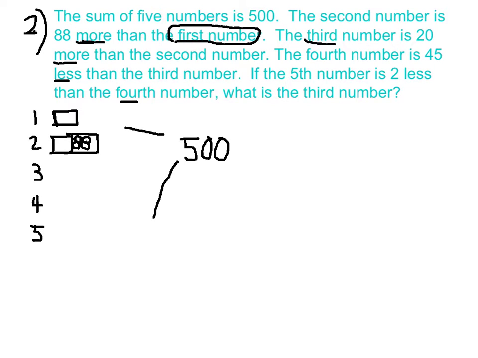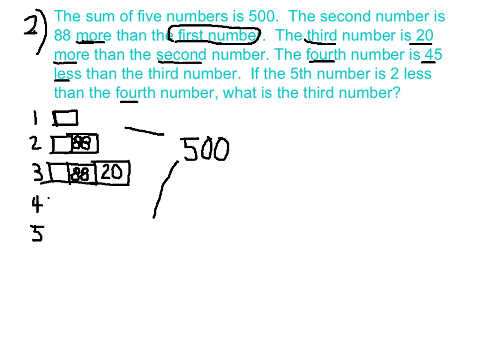The third number is 20 more than the second number. So I've got to draw what is in the second number, except I need 20 more. And I know that inside this big box is an 88. The fourth number is 45 less than the third number.